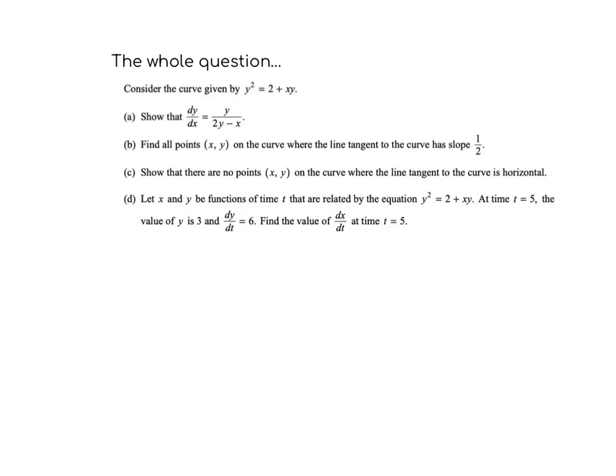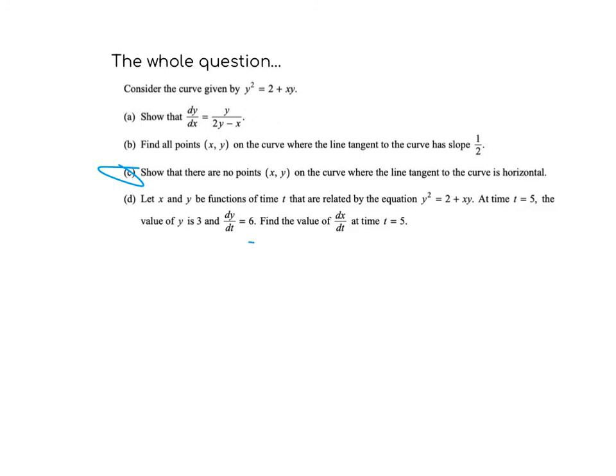Then we used that derivative in parts b and c to figure out places where the slope was either 1/2 or 0. For 1/2, you find the x value, then use that to find the y value. For part c, we had to show we could not do that. The key is you need the slope to be 0. The only way for the slope to be 0 is if y is 0, and that can never happen.